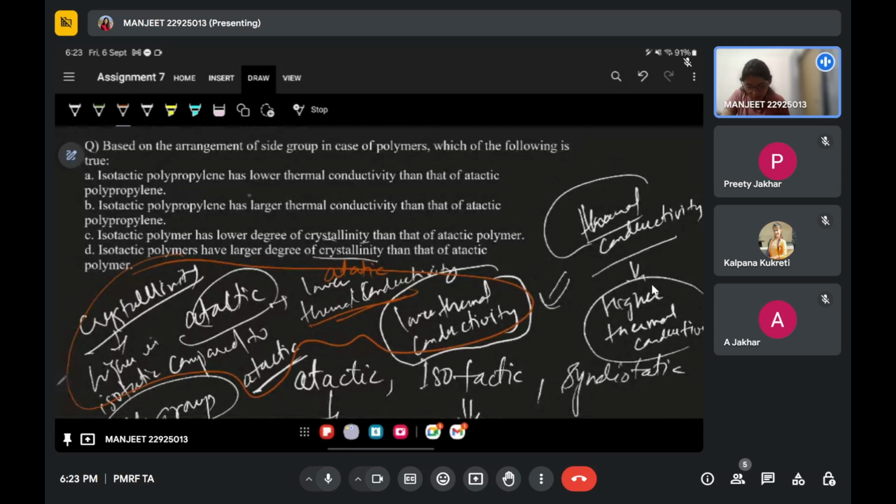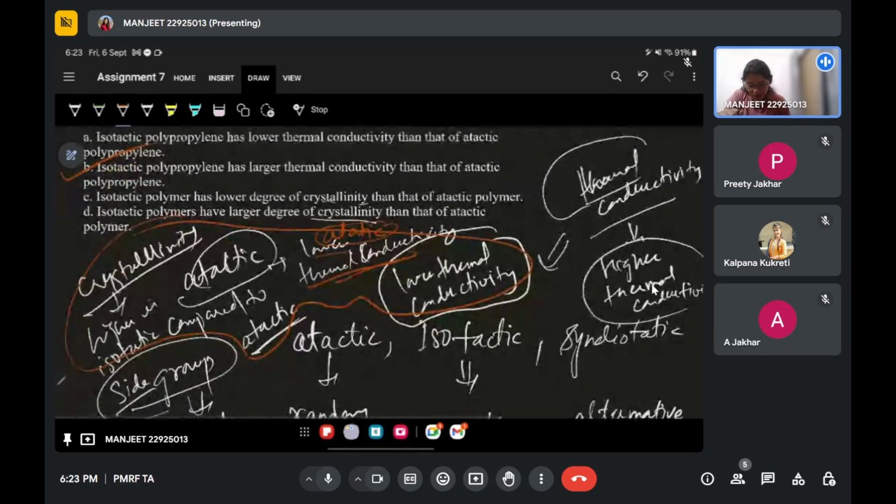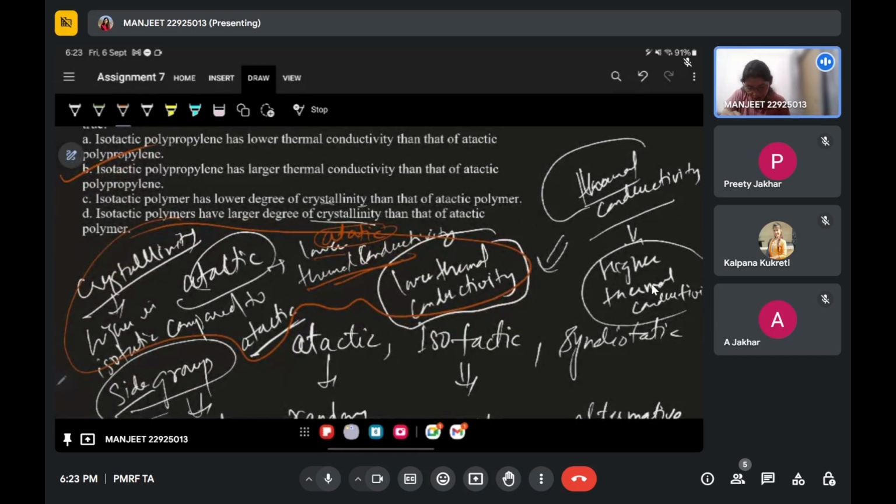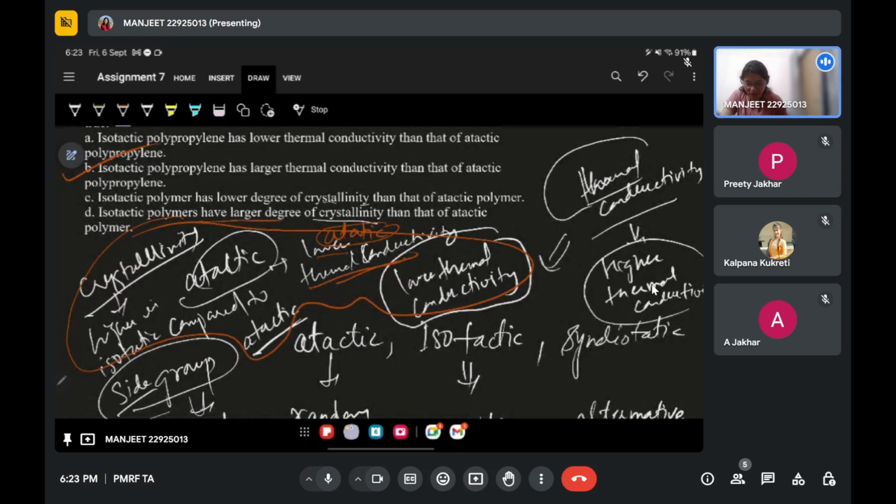No, atactic has the lower one, isotactic has the higher one compared to the atactic. So B is the right one. In C and D, isotactic polymer having the low degree of crystallinity than the atactic? No, isotactic has the higher degree of crystallinity than the atactic polymer. So D is the right answer.